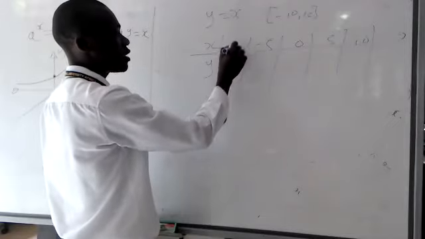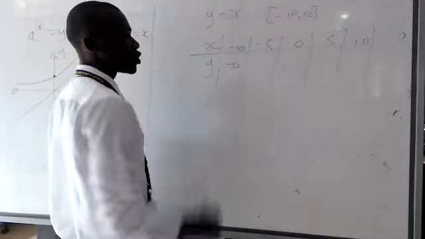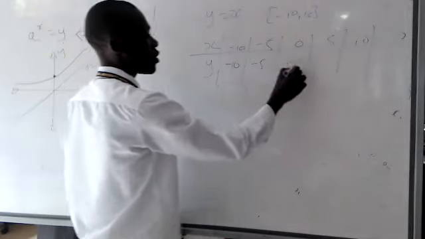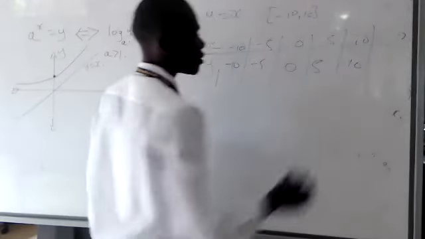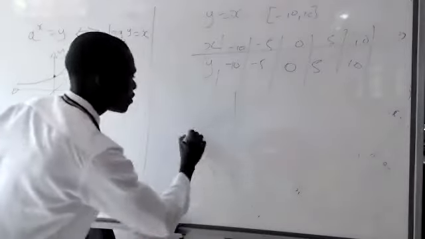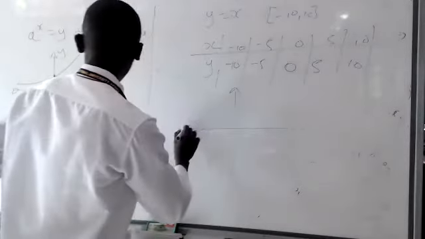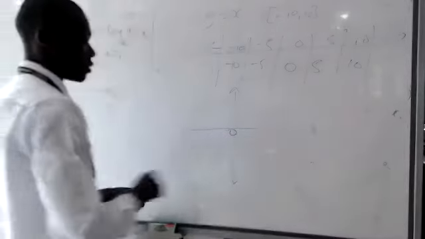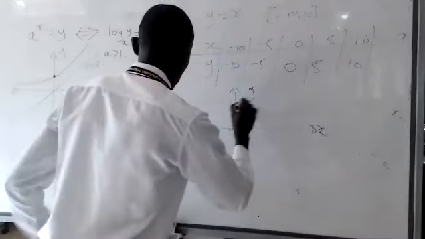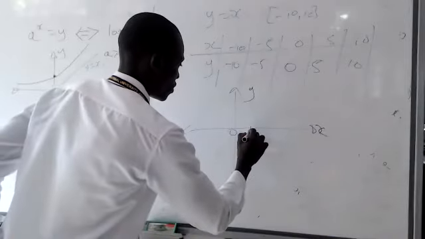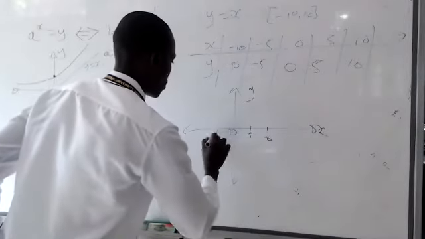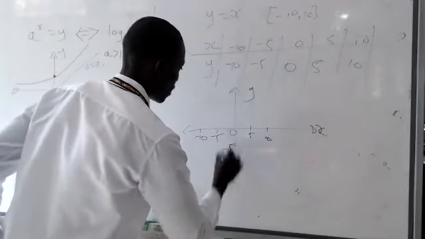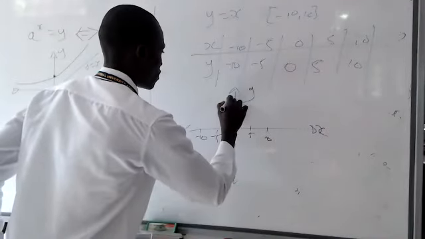At -10, y must also be -10 because y and x are the same. At -5, y is also -5. At 0, y is 0. So then to draw this graph, you have 0. This is the x-axis, this is the y-axis.